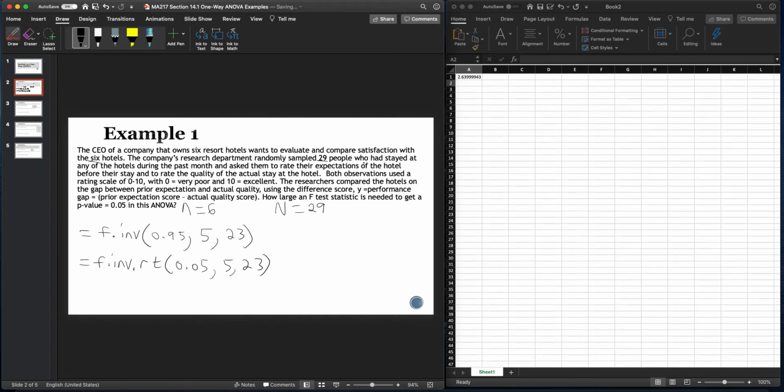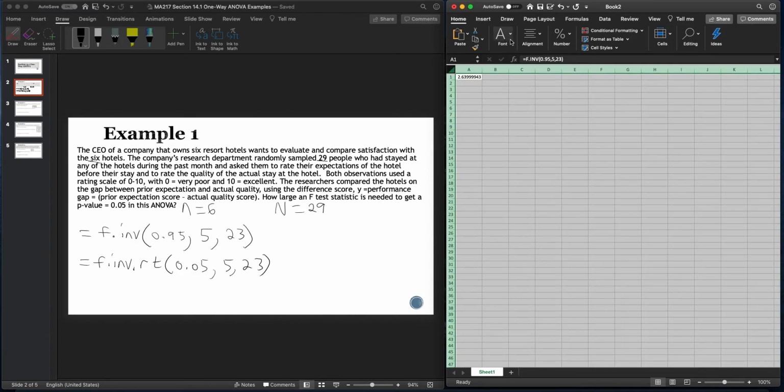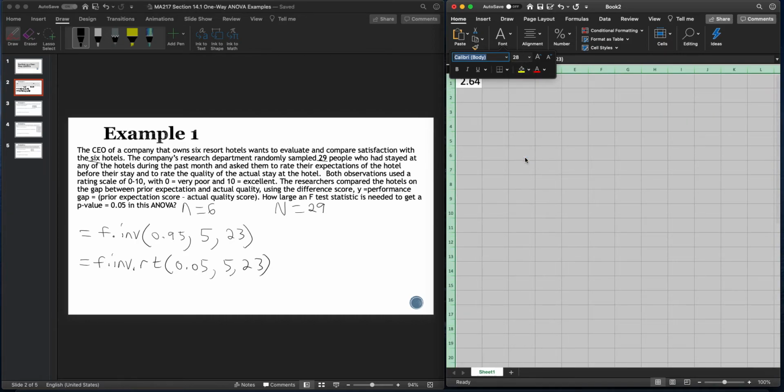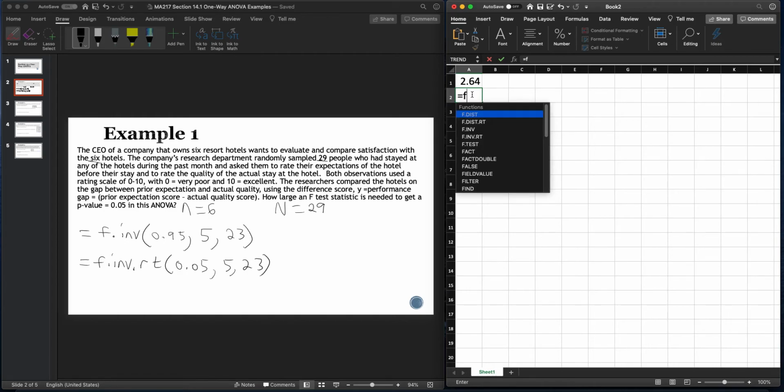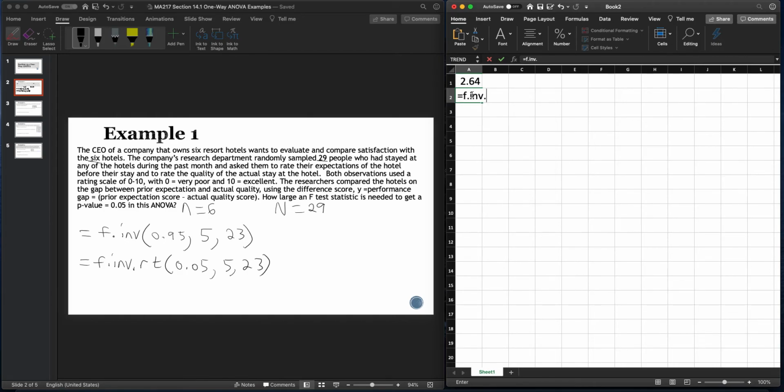Typing this into Excel now, and let me increase this font size just so it's a little bit easier to read. This new one is going to be equals F.INV.RT of 0.05, comma 5, comma 23. And just check our first formula. This gives the exact same F-test statistic of 2.64.